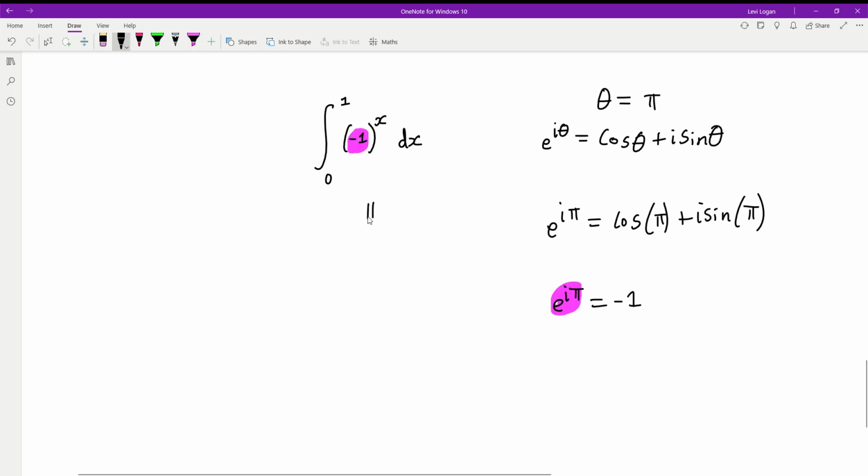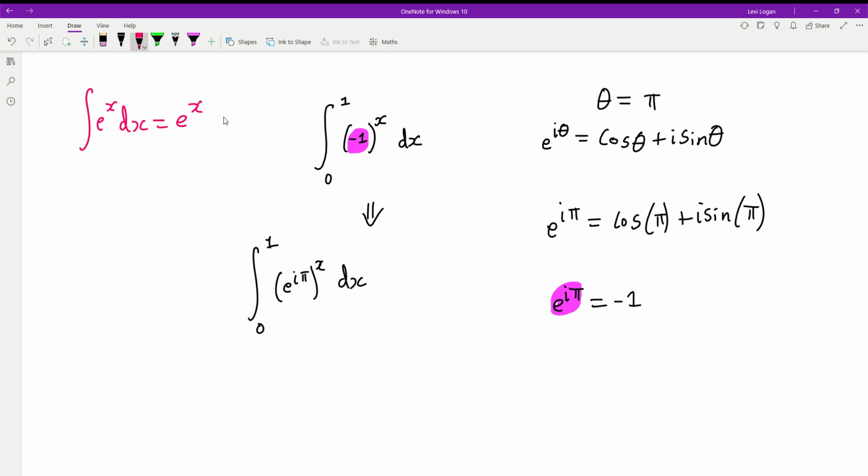So our integral now becomes this, from 0 to 1 of e to the i pi all to the x. Now the reason we wanted to do this is because integrating e to the x with respect to x, it doesn't change. All it adds is an arbitrary constant. But if it had bounds, like let's say it had a and b, then you'd have to evaluate those bounds as well.